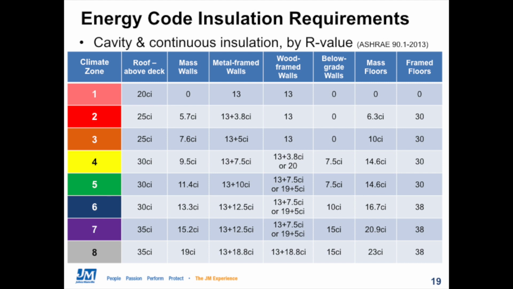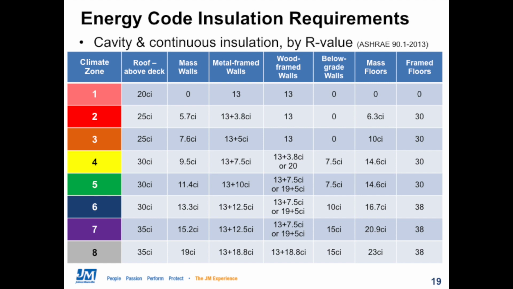Building elements are listed across the top, and most of those, such as metal framed walls and wood framed walls, are pretty self-explanatory. But a couple that might need a little more explanation would be things like mass walls or mass floors. Anything like that is really describing a concrete or block or any other sort of solid and heavy construction.